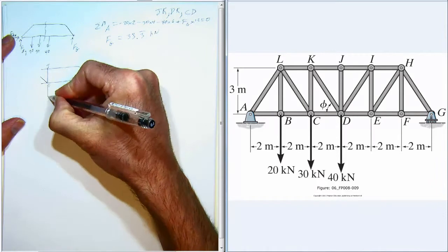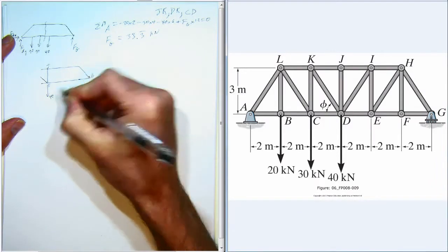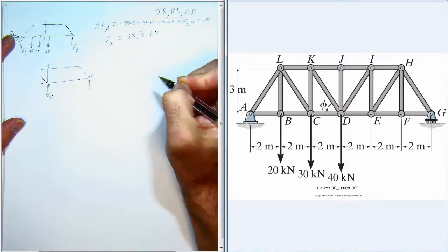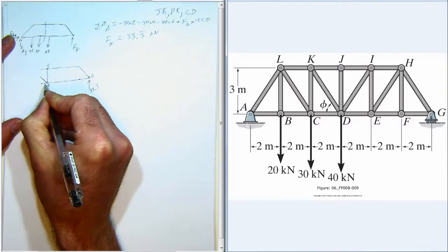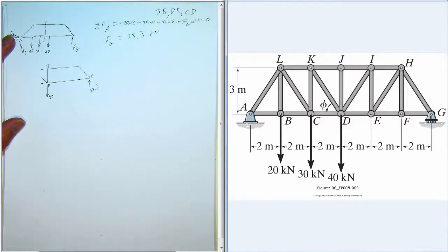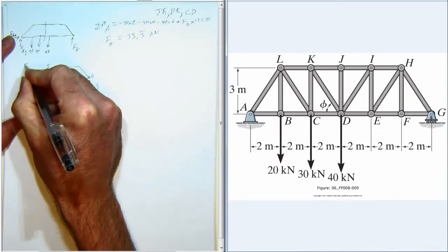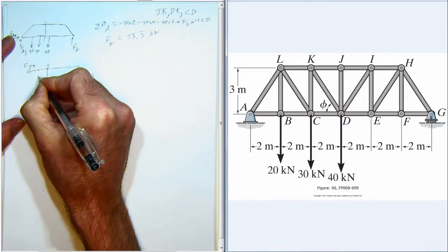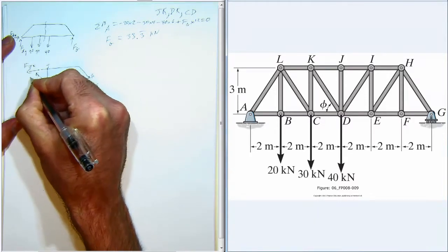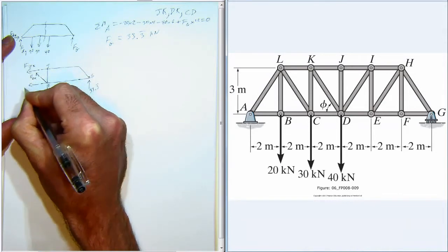All right. So we've got the 40 kilonewton applied load, FG, 33 1/3, and then we have these unknown forces, FJK, FDK, and FCD.